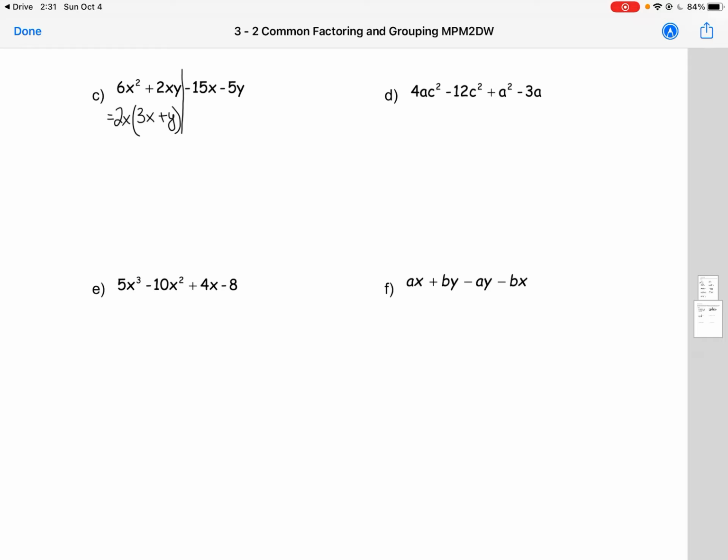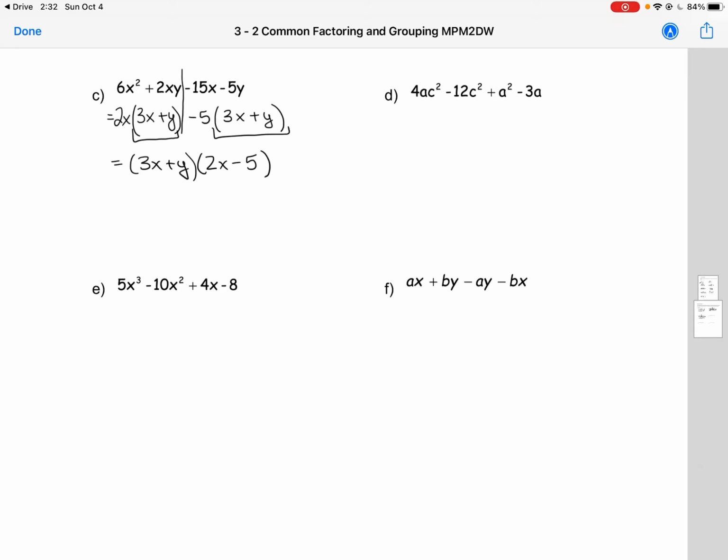And then in my second one, I'm going to notice that I can factor out minus 5 from each of those terms. So that would leave me with 3x plus y. Again, now I have the same binomial as a result of what I factored out, which I can factor out again as my greatest common factor, leaving me with 3x plus y times 2x minus 5.